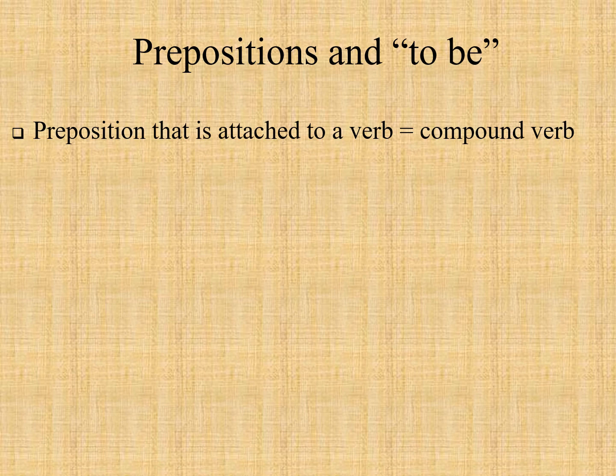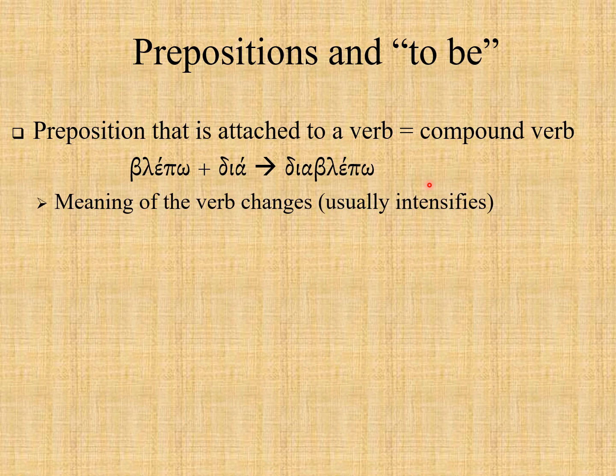However, we can also have a preposition that is attached to a verb, and we would call it a compound verb. So you can see here the verb blepo, I see, and then the preposition dia, most often translated as through, but we could also have a compound verb that is diablepo. So the meaning of the verb usually changes, and most often it intensifies when we go from a regular verb to a compound verb.